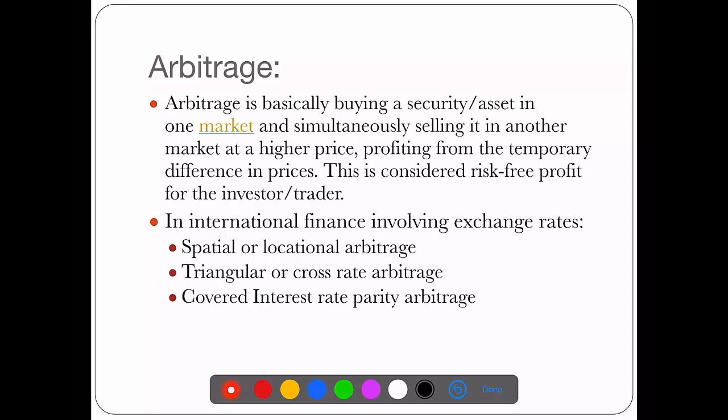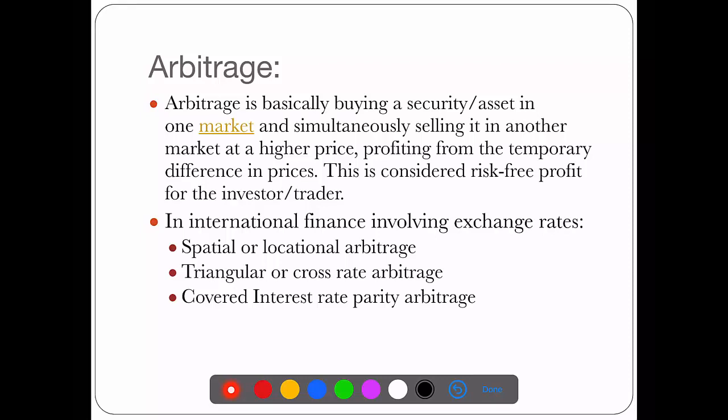And that profit is arbitrage, and it is considered risk-free profit because all the transactions are happening simultaneously, right away. In international finance management, there are three arbitrages: one is locational arbitrage, one is triangular arbitrage, and one is covered interest rate parity arbitrage.